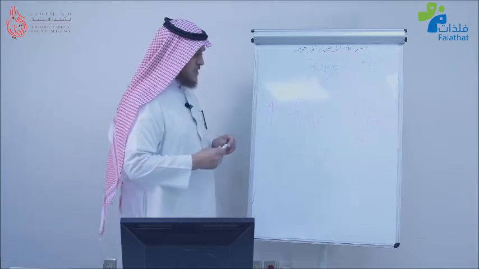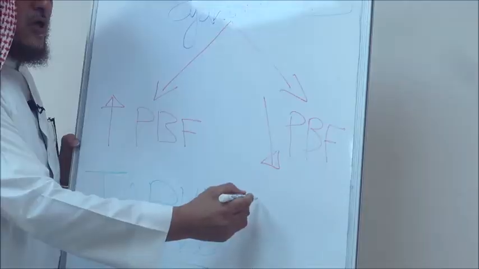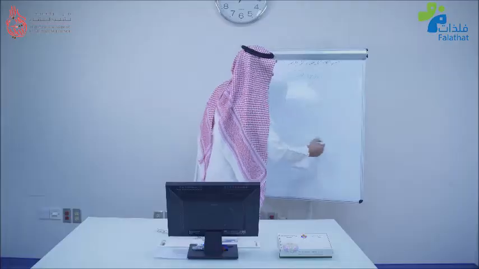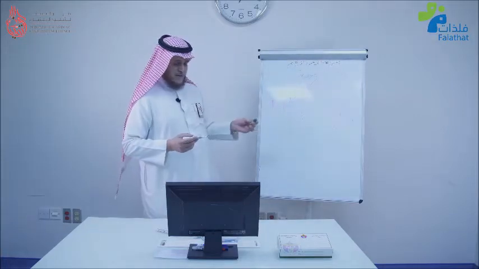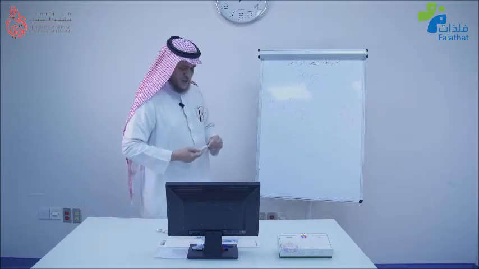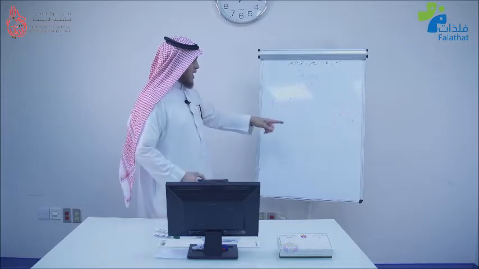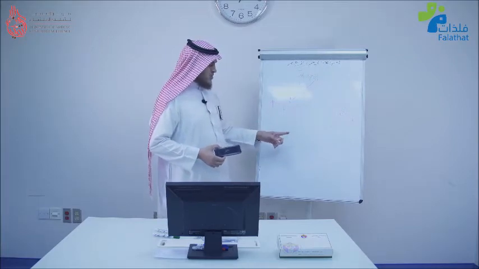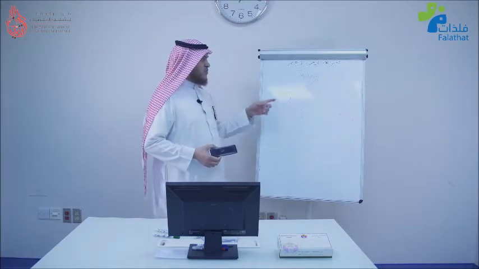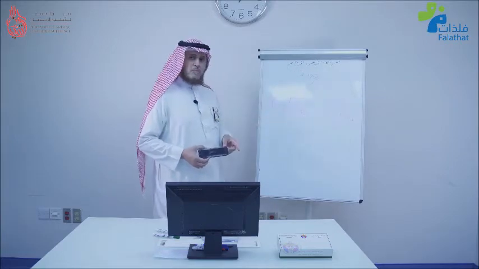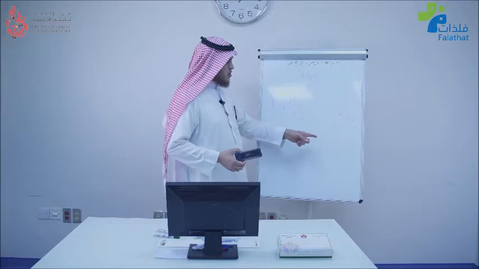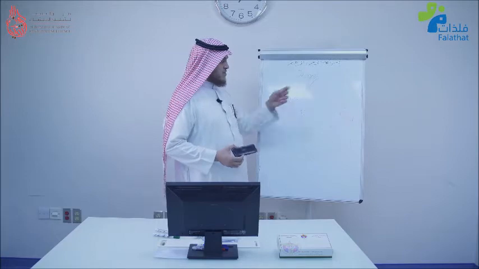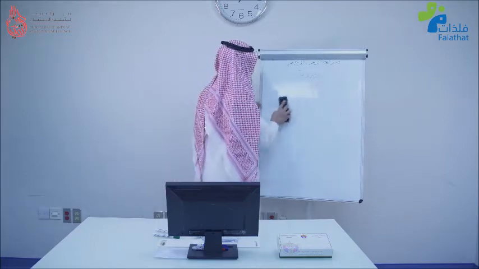And on the other side, there is tetralogy of Fallot, or TOF. I hope the color is clear and you could see it. The green did not really show the best. So I will be spending more time now on talking about total anomalous pulmonary venous drainage as an example for cyanotic heart disease with increased pulmonary blood flow, and on tetralogy of Fallot as an example of decreased pulmonary blood flow in cyanotic congenital heart disease.